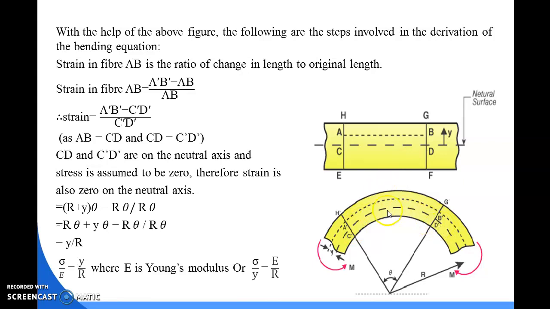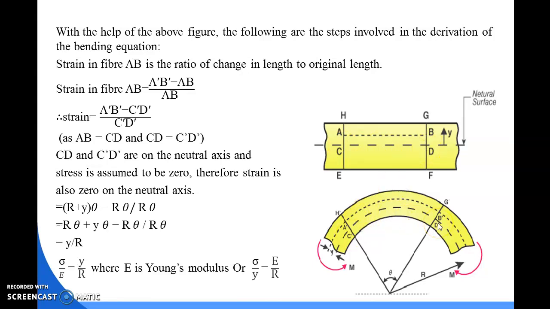Hence, due to the assumption of the bending equation, it is stated that the cross-section or the plane of the beam should remain unchanged before bending and after bending. Hence, we can say that the neutral axis line, that is CD, is equal to C dash D dash.